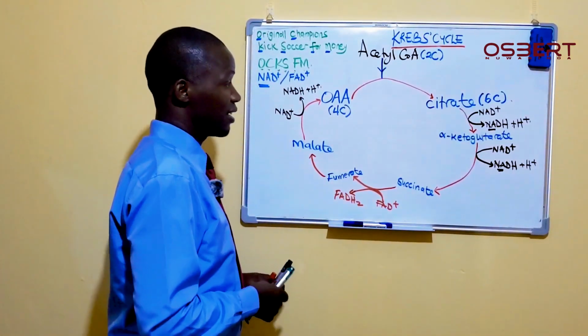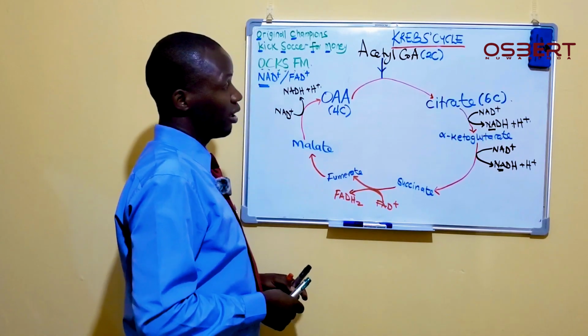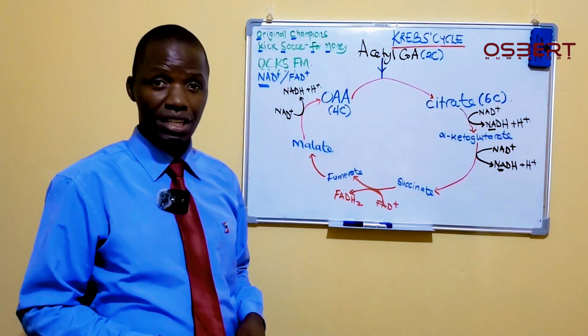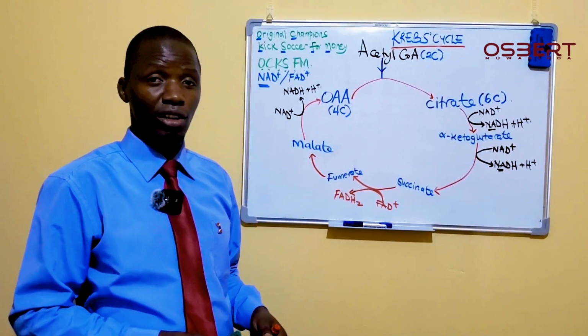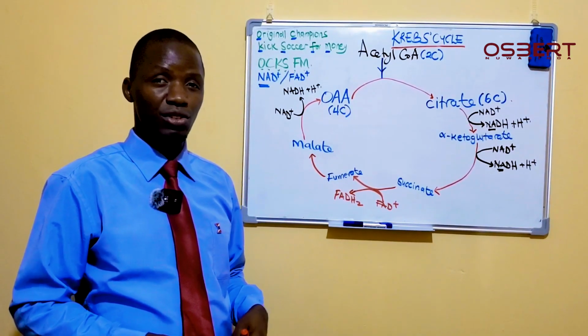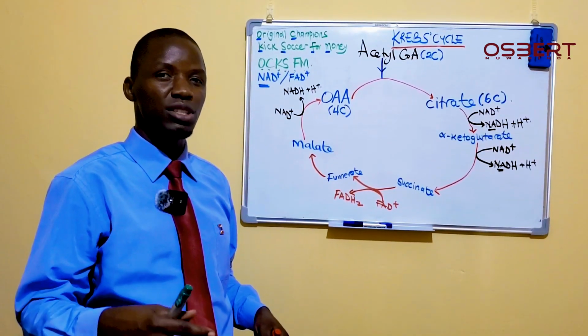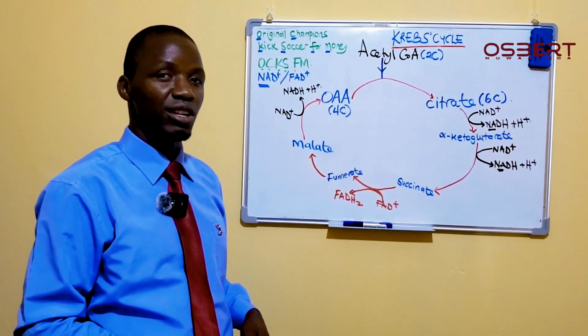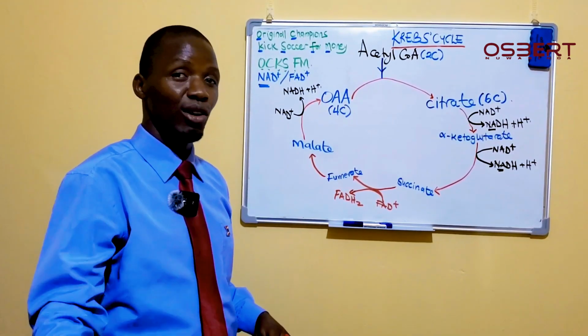So what happens here is that we are going to have decarboxylation. And how is decarboxylation going to come in? I already told you that whenever you are doing decarboxylation, we are losing a carbon, and we lose it in this reaction in the form of carbon dioxide.